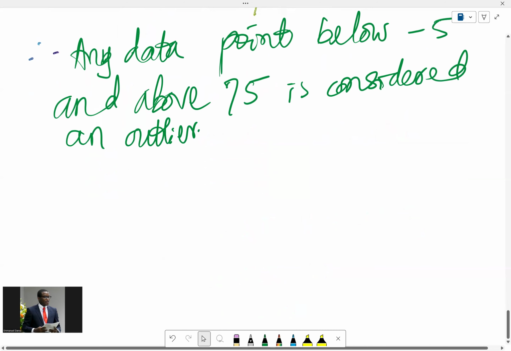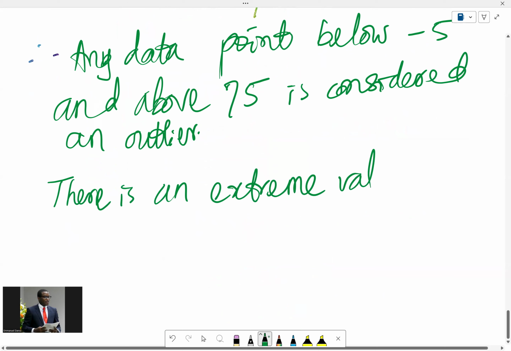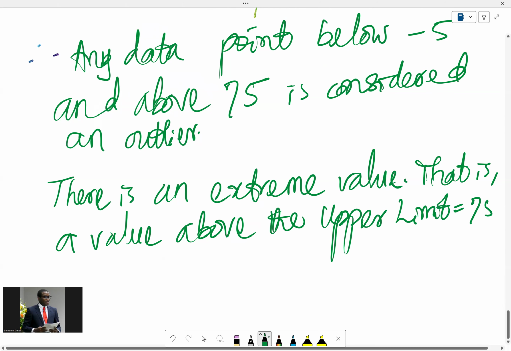So the first part is 100. Okay. The first question is, are there any extreme values? Yeah, there is an extreme value, that is a value above the upper limit, which is 75.